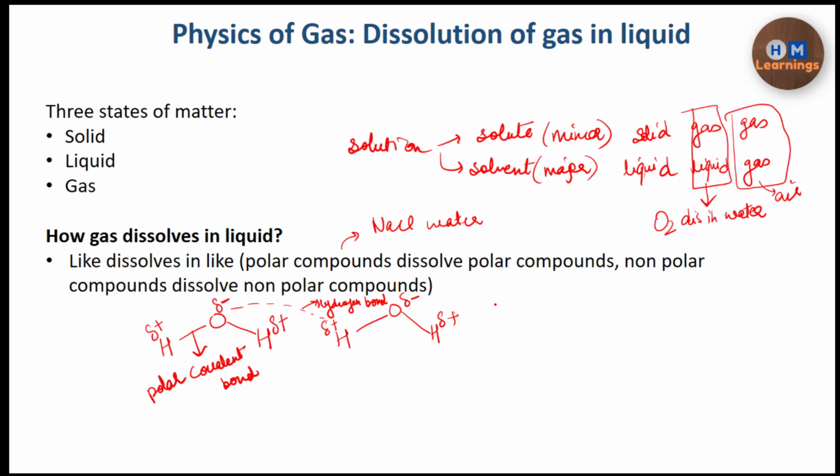Similarly, another example of a polar molecule is HCl. In HCl, chlorine is highly electronegative, so chlorine gets a partial negative charge and hydrogen gets a partial positive charge. How are different hydrochloride molecules going to be attached to each other? The negative one is going to form a bond with the positive one of another molecule, and so on.